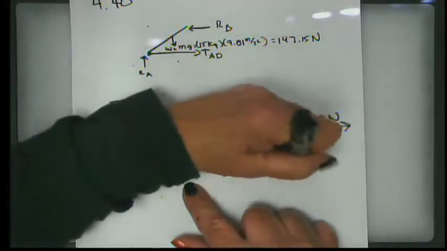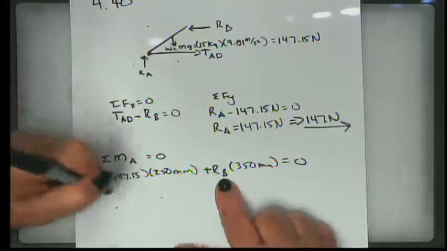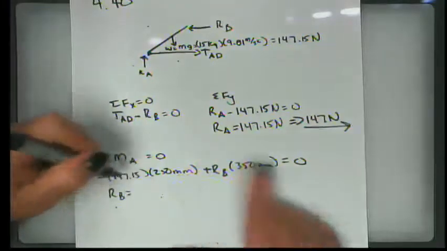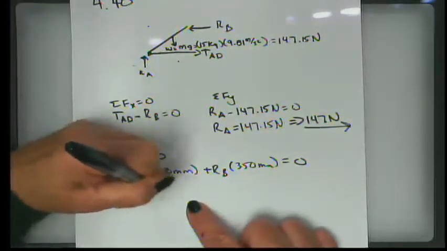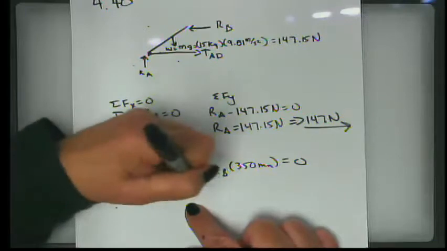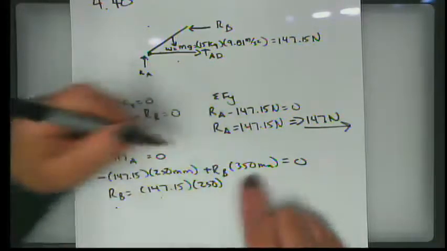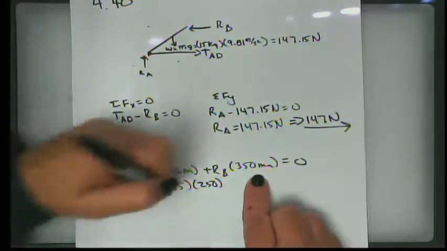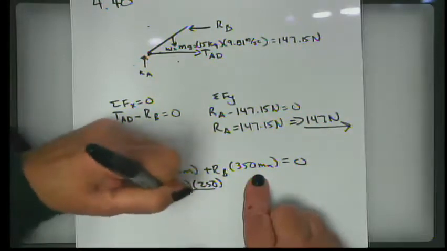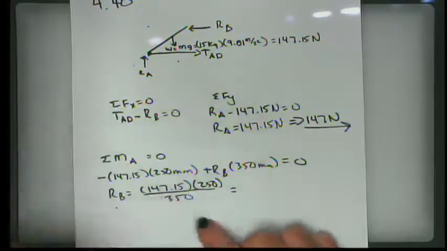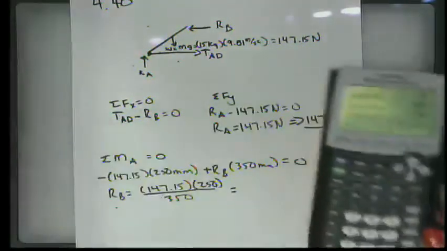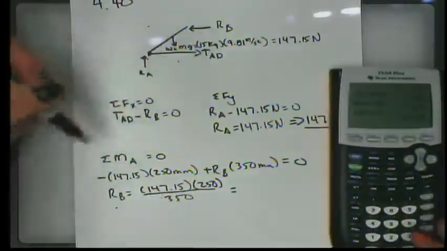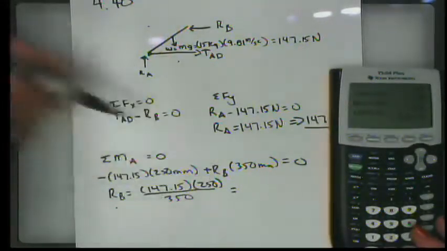And those two things sum together equal 0. That means R_B, if I bring this over to the other side, we have 147.15 times 250 equal to R_B times 350. So I divide by 350, and I get my value of R_B, and it will be in newtons because these are both in millimeters, so they cancel out.